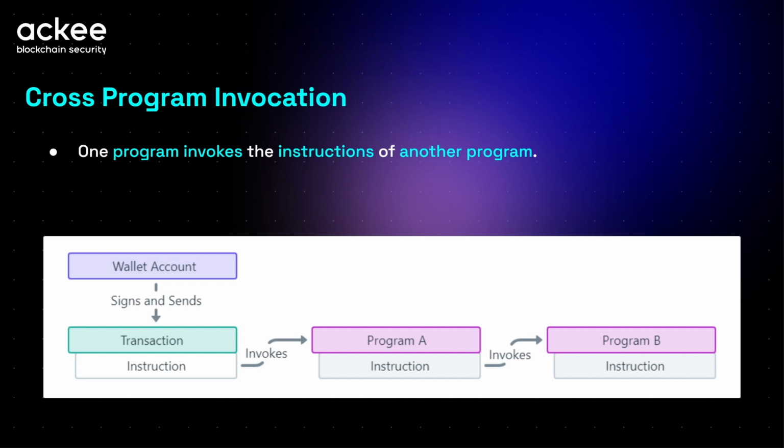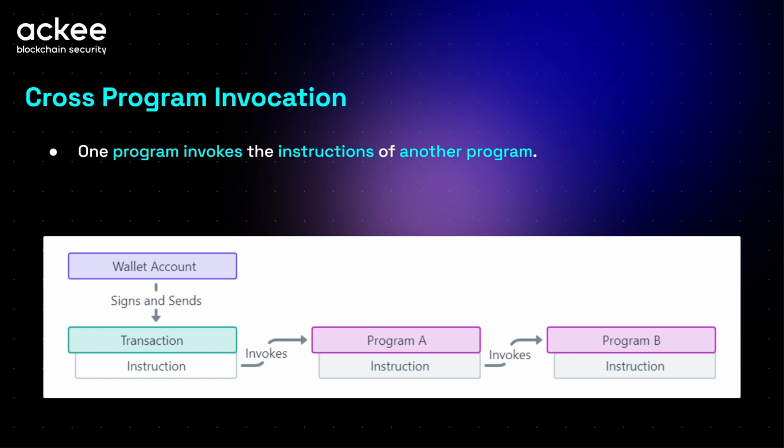This transaction contains one or more instructions, and what it actually does is it invokes program A on the validator. Based on the instruction, it calls the desired functionality in program A. But what can also be done is that the logic specified in program A actually calls another program, program B, and some instruction from program B. This is the basic idea.